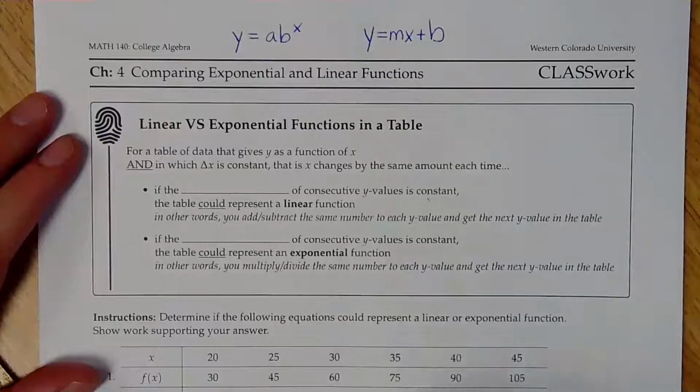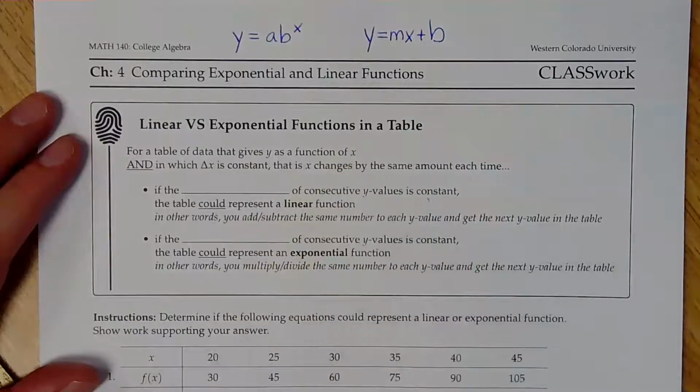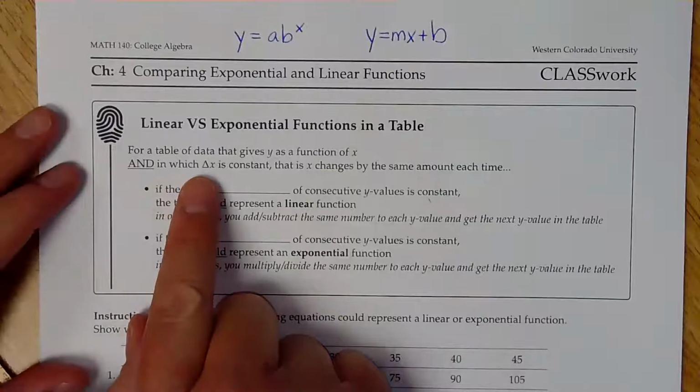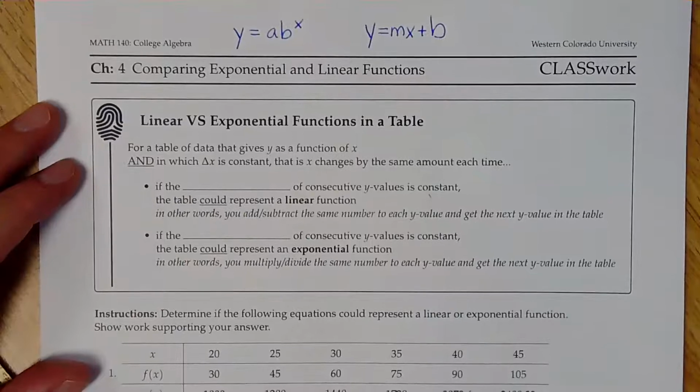So in your table, if y is a function of x, which means that x is our independent variable and y is our dependent variable, and this is the really important part that's going to allow you to use this shortcut: delta x needs to be constant, which means that x changes by the same amount each time. Then we can compare our consecutive y values to see if that table could represent either a linear or exponential function.